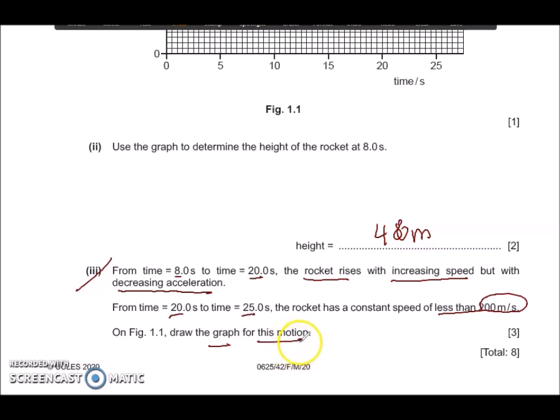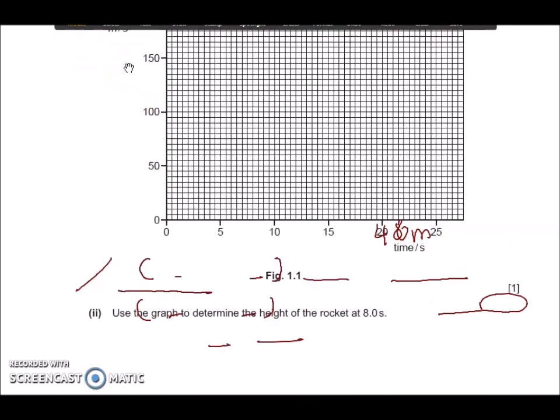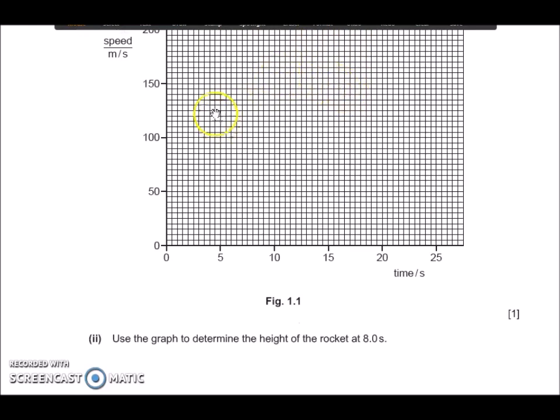So this one we have 2 different situations here, 8 to 20 and 20 to 25. As we all know, here's 8 and here is 120.